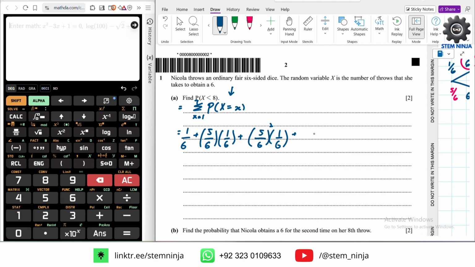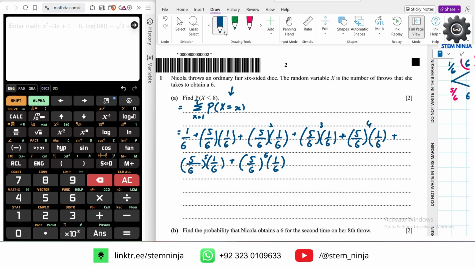Then we have 5/6 cubed times 1/6. This is the fourth try. Then you have 5/6 raised to power 4 times 1/6, plus 5/6 raised to power 5 times 1/6, 5/6 raised to power 6 times 1/6. So this is the 7th.